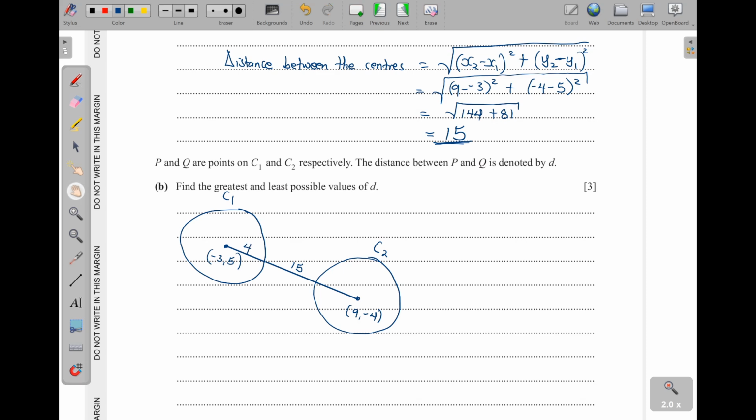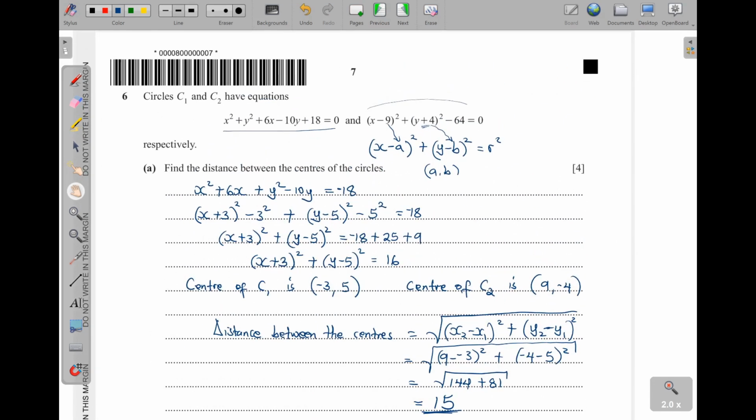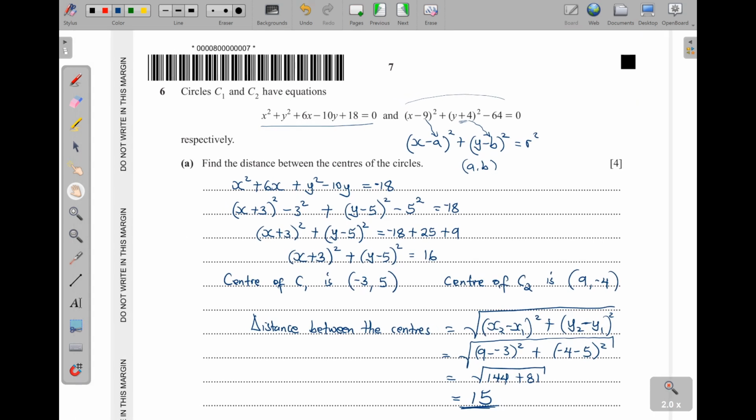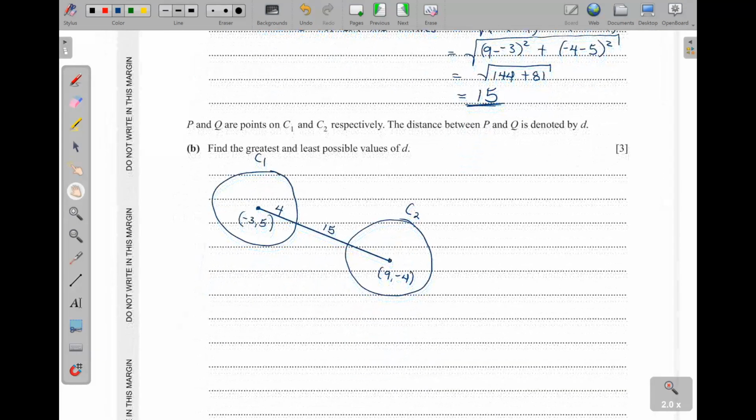And then the radius for C2, if you bring the 64 to this other side, then the square root of that 64 is going to be 8. That means I will come here and write 8, okay? So from the center to the circumference, here it is 8.